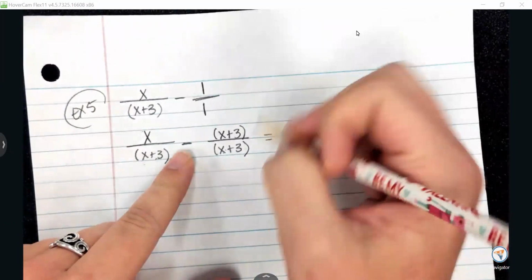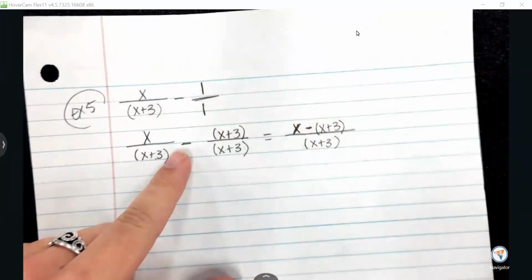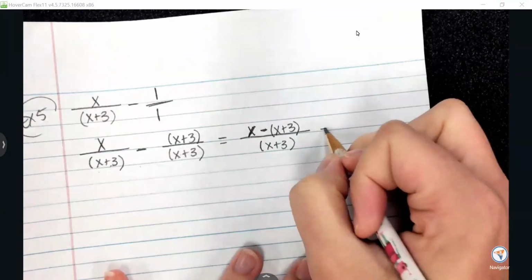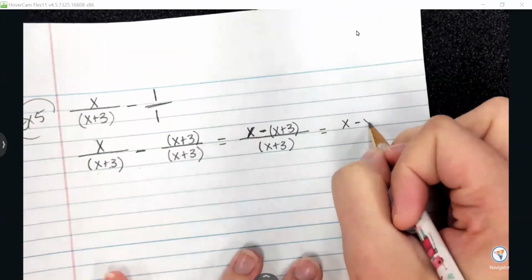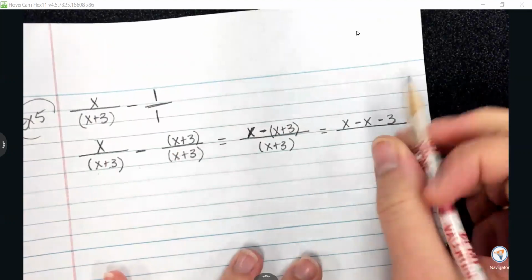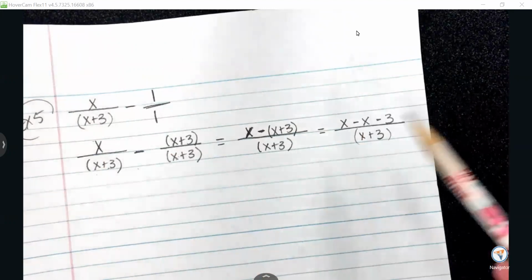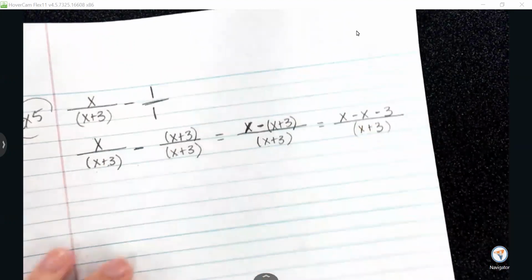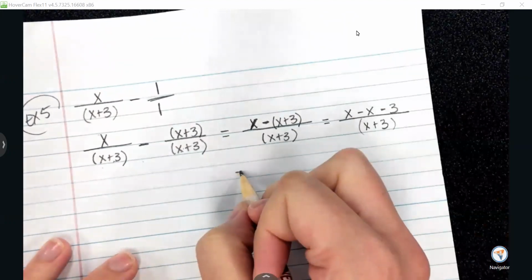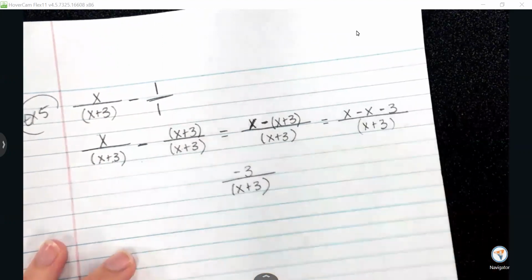It has to distribute, or you can write it like this first before you distribute. So then it's going to say x minus 3 all over x plus 3. X minus x is 0.